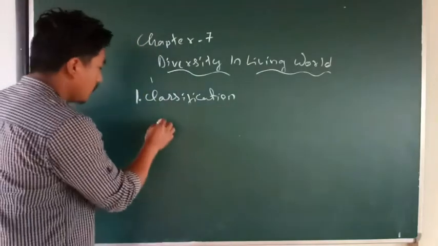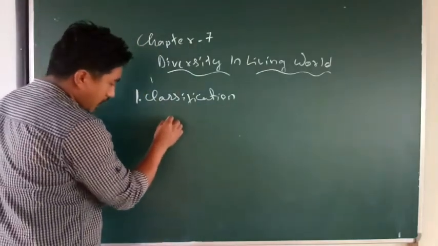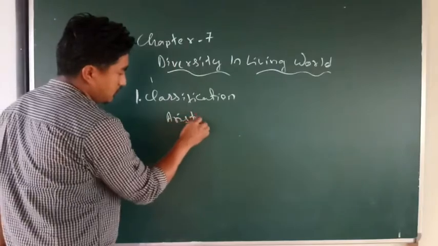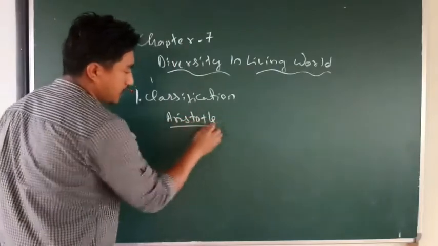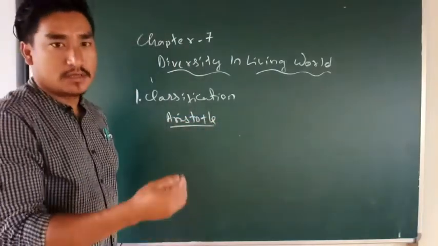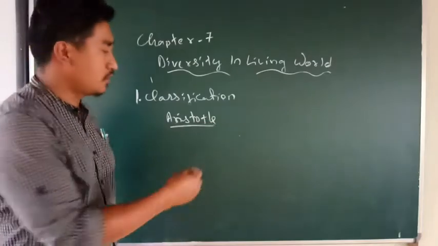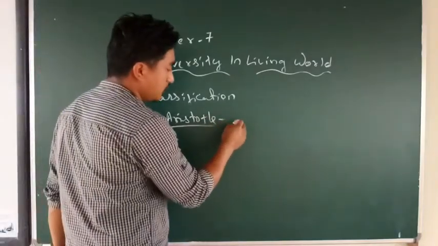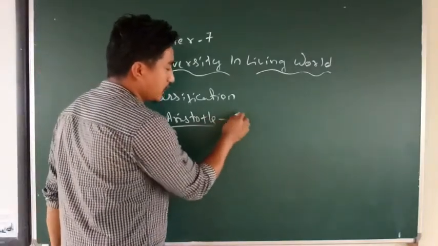Now, Aristotle, a scientist, classified the whole living organism in this world into three categories.